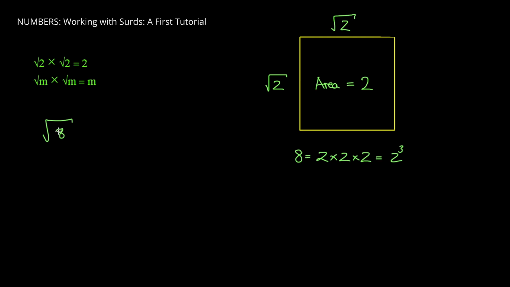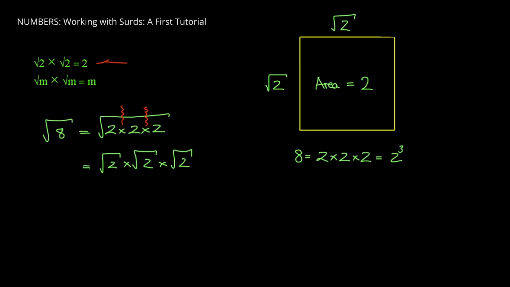So, within the umbrella of the square root, I can change that 8 into a series of 2 times 2 times 2. And because these are multiply signs, I can break the roof of the square root into separate square roots without changing the value of the sum. So this can be written as the square root of 2 multiplied by the square root of 2 multiplied by the square root of 2.